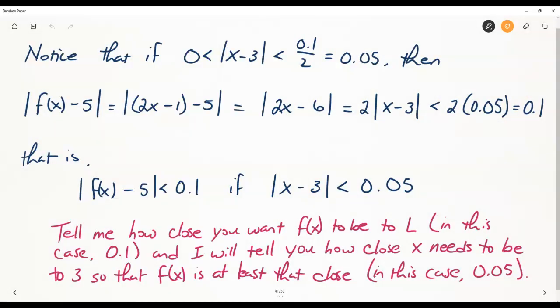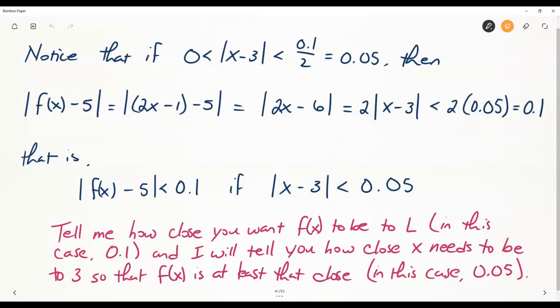Now, what I'm about to do on the next screen is, instead of this distance being 0.1, we're just going to pick it to be some very, very small number that we call epsilon. So sometimes you'll hear this kind of proof as an epsilon delta proof of a limit, because we're dealing with epsilon and delta values to prove this limit.